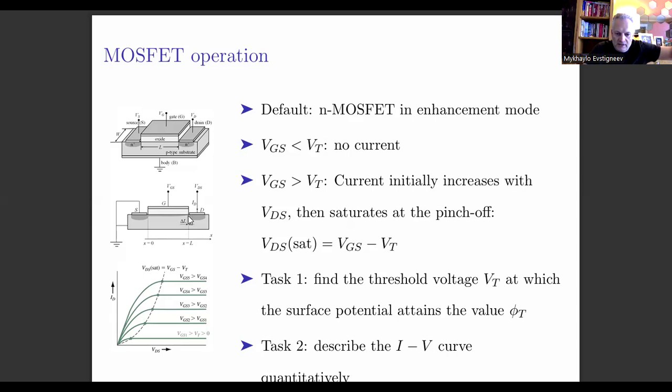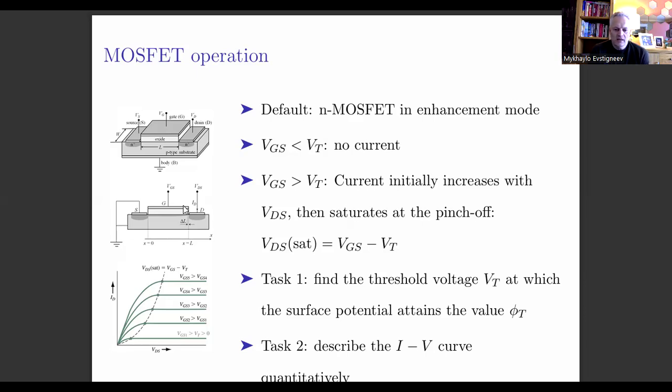This means that the inversion layer at this point cannot be supported by the gate voltage anymore. And a pinch off of the inversion layer happens. The inversion layer gets detached from the drain because it can no longer be supported. And of course, this happens when the drain voltage is sufficiently high.